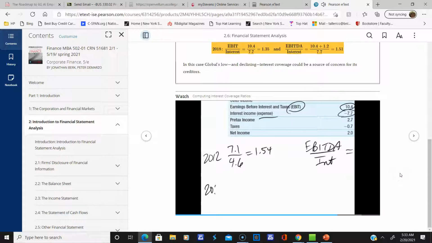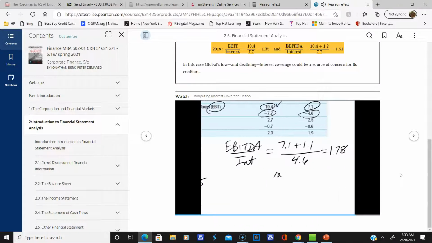If we repeat everything for 2013, then we just use the 2013 numbers of 10.4 here, and interest expense of 7.7, and we get 1.35. And then here we'd have the 10.4 plus 1.2 over 7.7, and in this case we get 1.51.